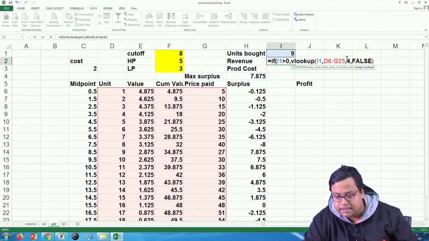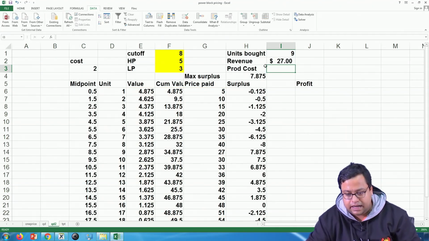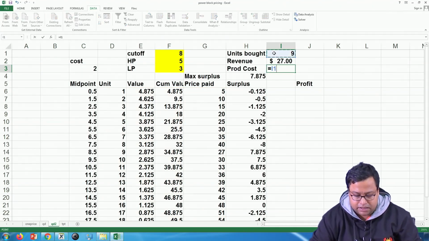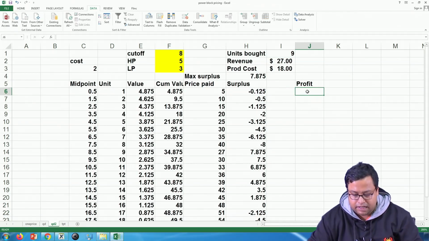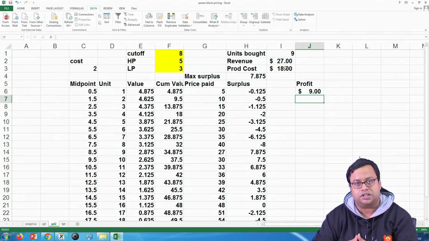And otherwise, if it is not greater than 0, then 0. And the production cost was as usual 9 into 2, that is 18, and what is the profit? Profit is nothing but my revenue minus my production cost.